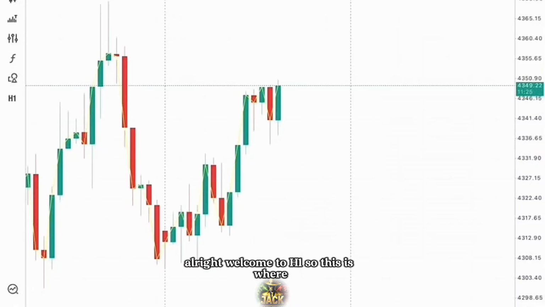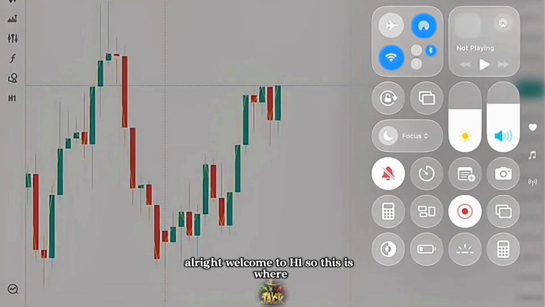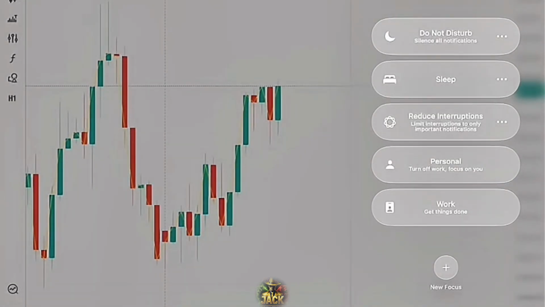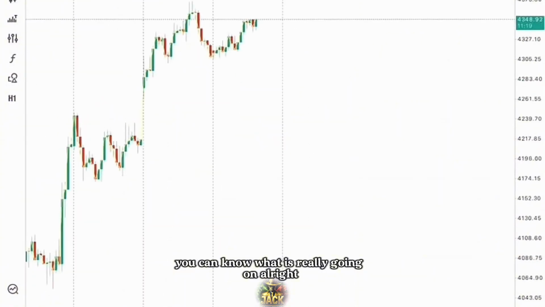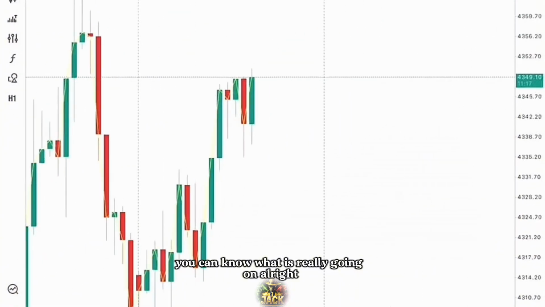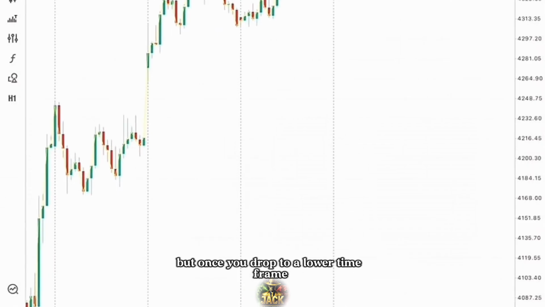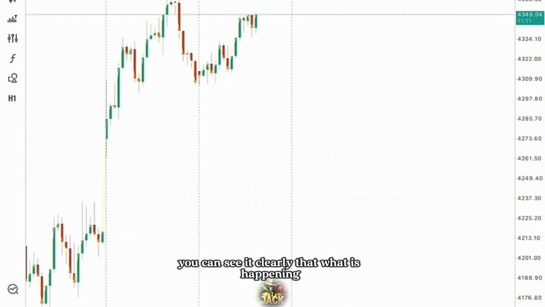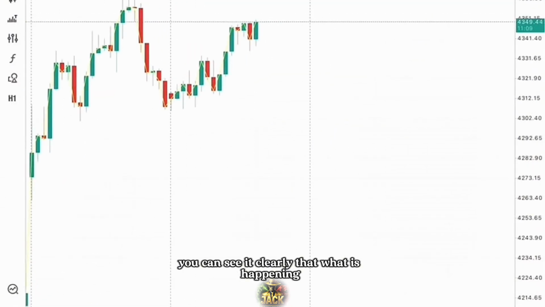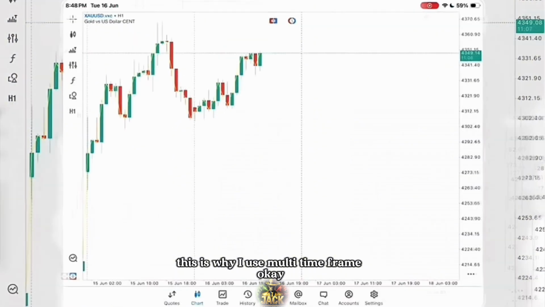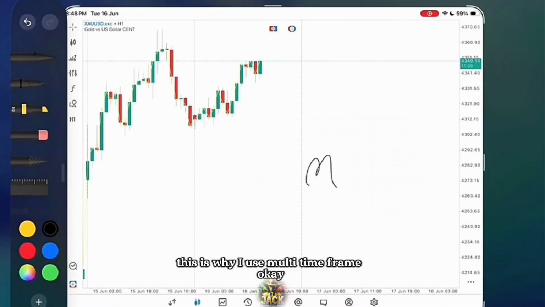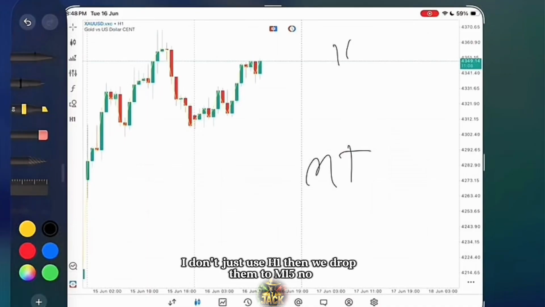Alright, welcome to H1. So this is where you can know what is really going on. Alright, every time frame is important, but once you drop to a lower time frame, you can see it clearly what is happening. This is why I use multi-timeframe. Okay, I don't just use H1, then we drop down to M15.